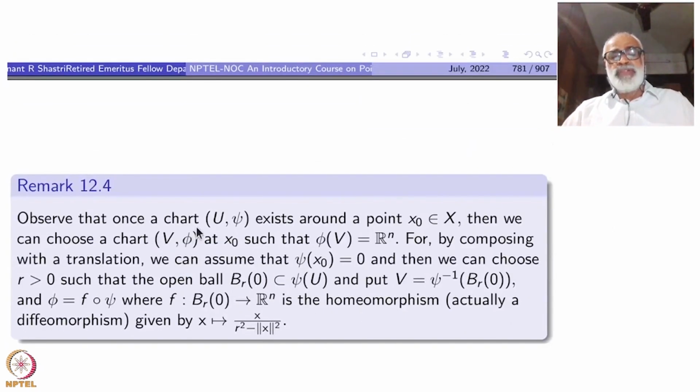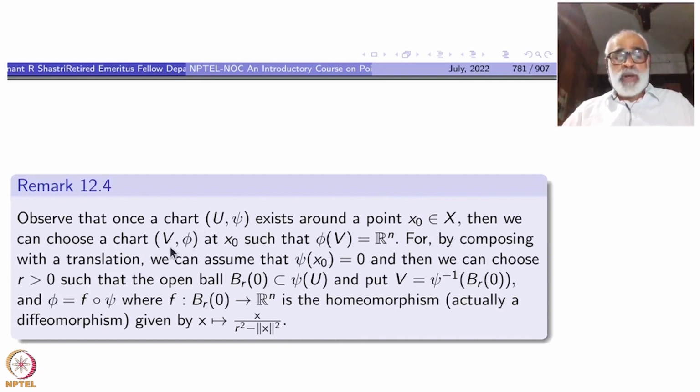Observe that once a chart (U, psi) exists at a point x naught belonging to X, we may assume psi of x naught is 0. Then we can choose another chart (V, phi) at x naught such that phi of V is the whole of Rn. In fact, the point goes to some open subset of Rn, which may not be the whole of Rn.